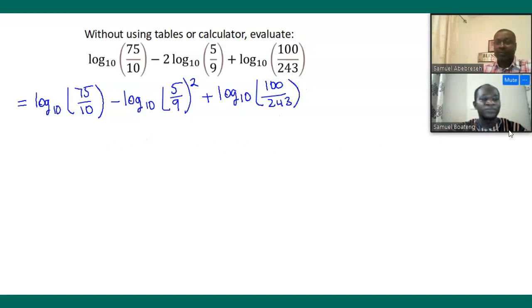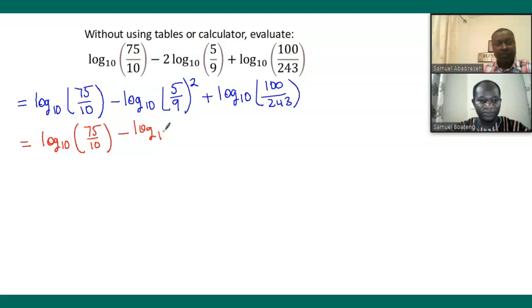Okay. So next step, we have log to the base 10, 75 on 10, minus log to the base 10, 25.